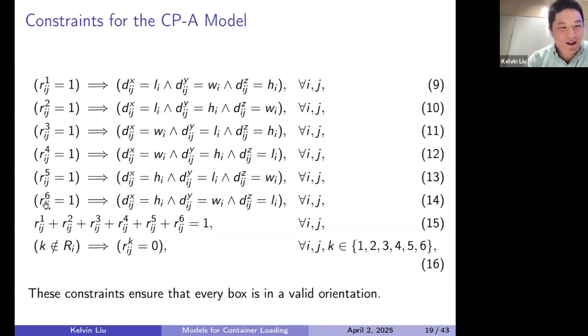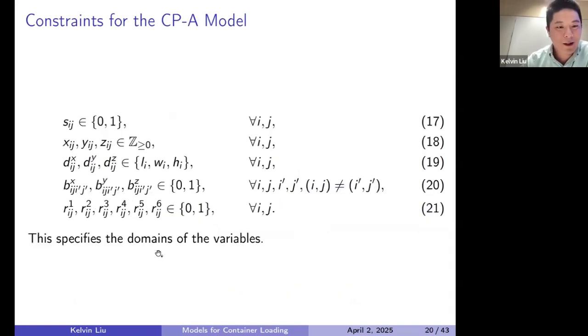As we know, rij has to take a value between 1 and 6, so at least one of these will be the case. Whichever one it is will determine what dx, dy, and dz have to be, and this guarantees that. And this final constraint says that if there are any orientations that are not allowed, then we can't have that orientation. So that enforces the orientation constraints at the end.